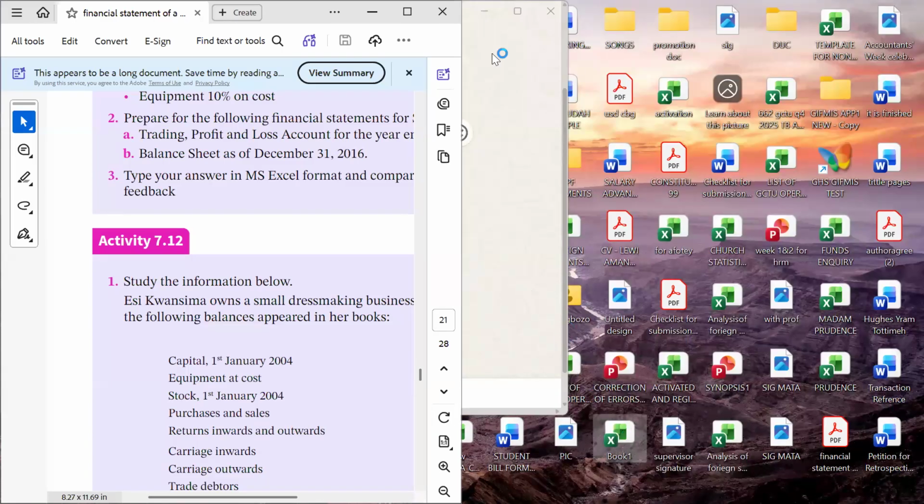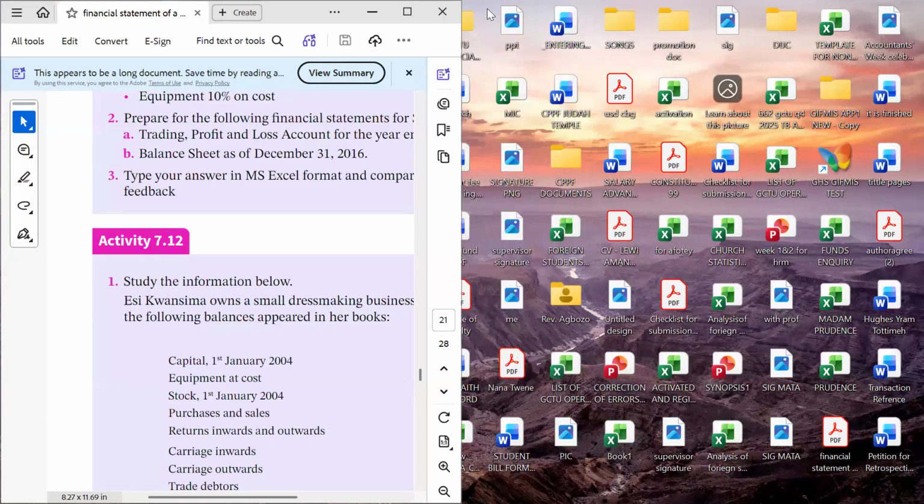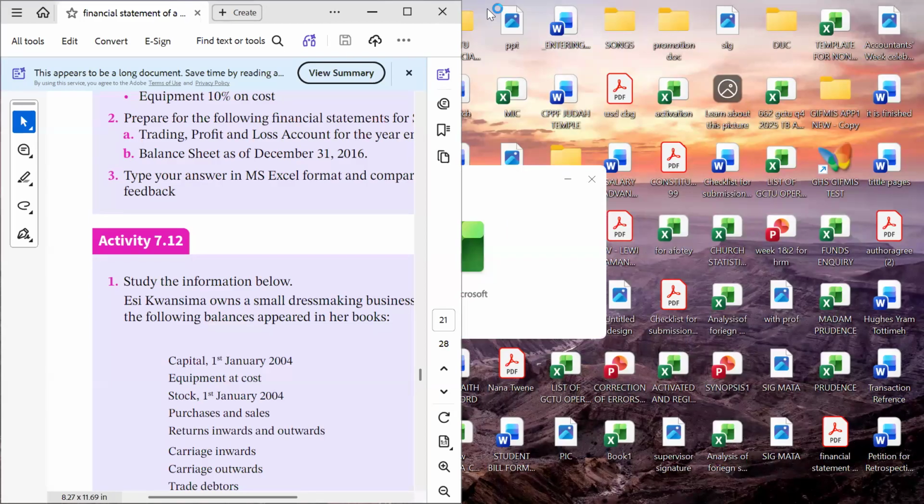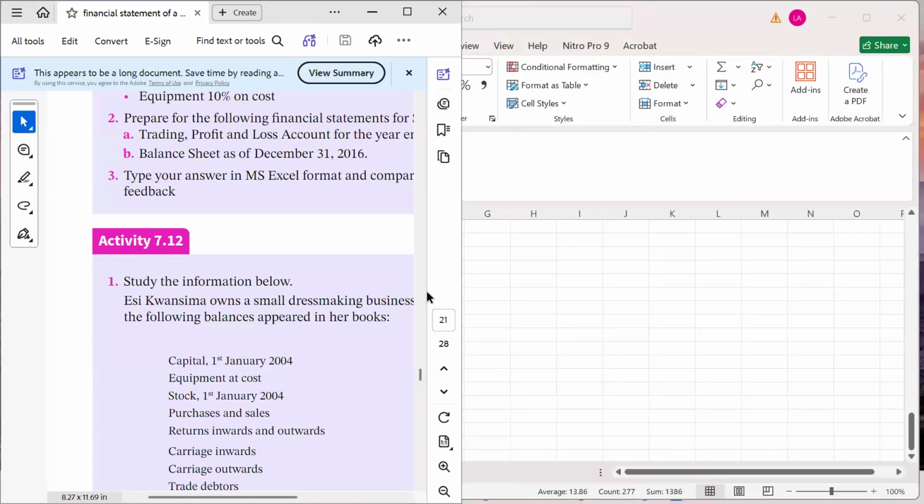I want to take a workbook, then we use it.